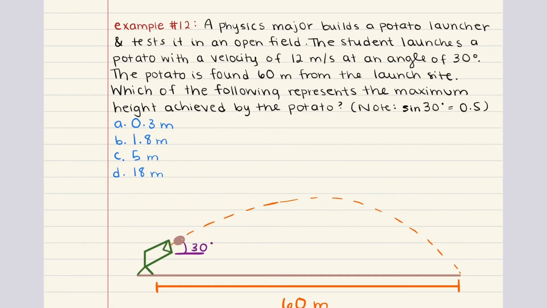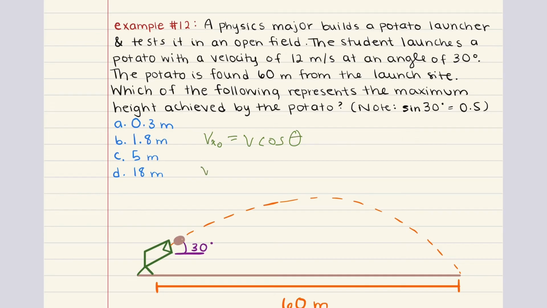Now, when we're solving projectile motion problems, it's helpful to break the velocity into two components, the horizontal and the vertical component. So let's go ahead and write our equations for both components. For our horizontal component, our initial velocity for that horizontal component is going to be equal to v cosine theta.